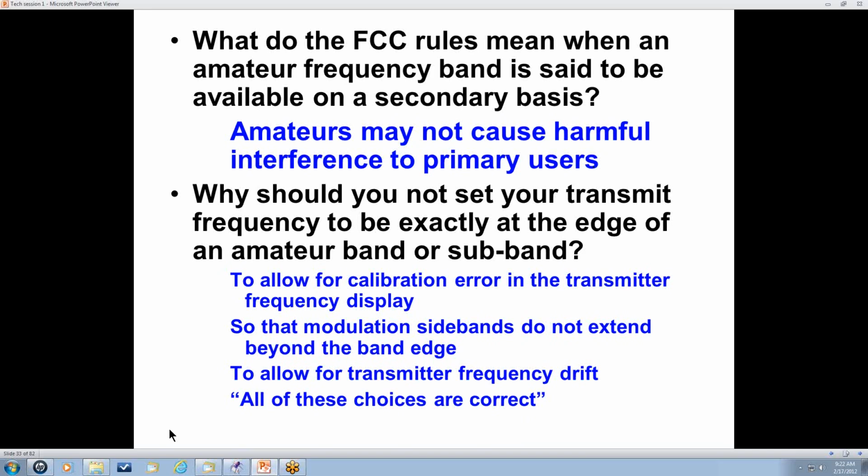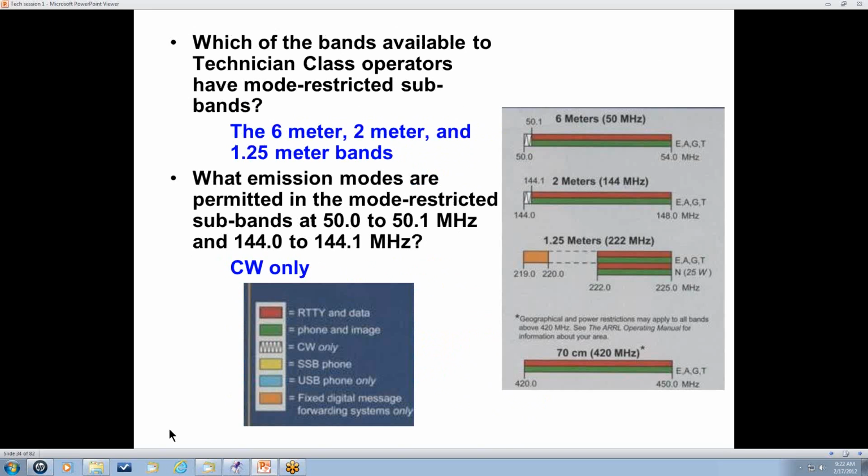Okay, which of the bands available to technician class operators have mode restricted subbands? So we can operate in different modes on different portions of the band, and they're asking you which have mode restricted subbands. And the answer is the 6 meter, 2 meter, and 1.25 meter bands.